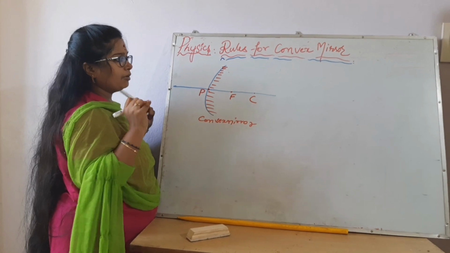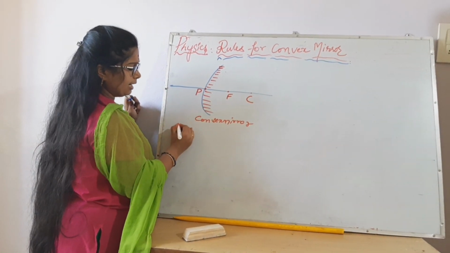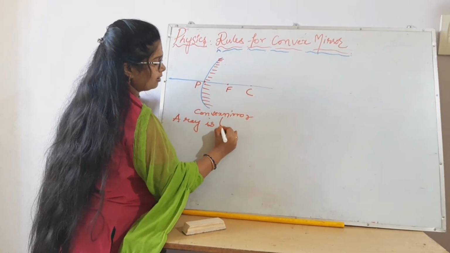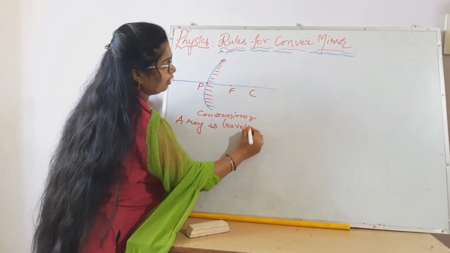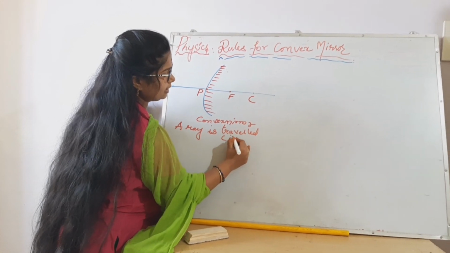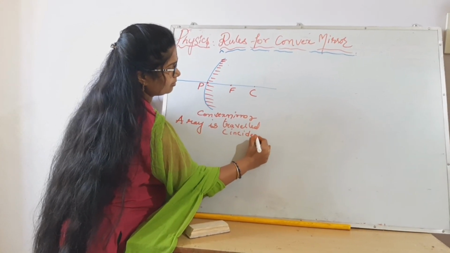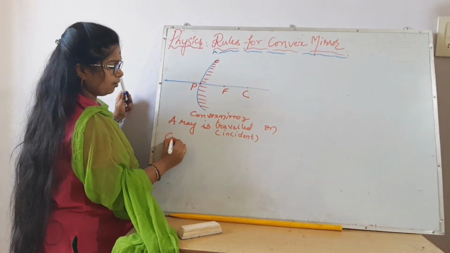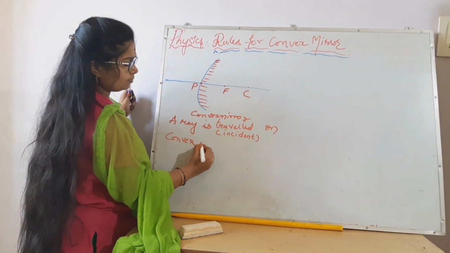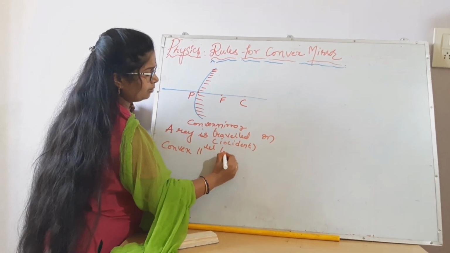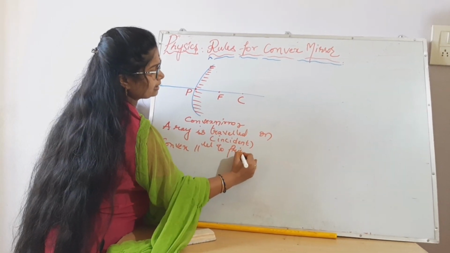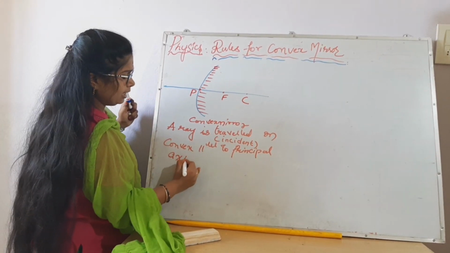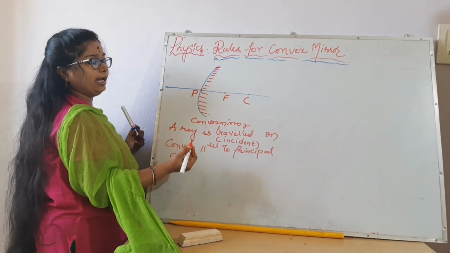Now the first rule. When a ray is incident on a convex mirror parallel to the principal axis, the rule is the same as with the concave.